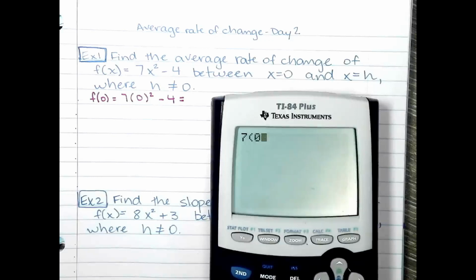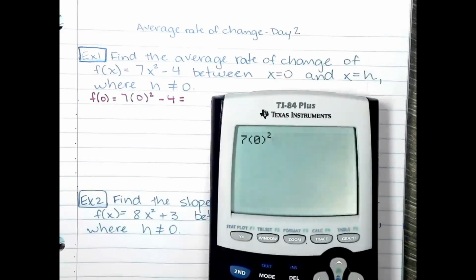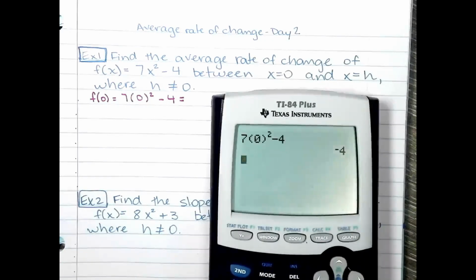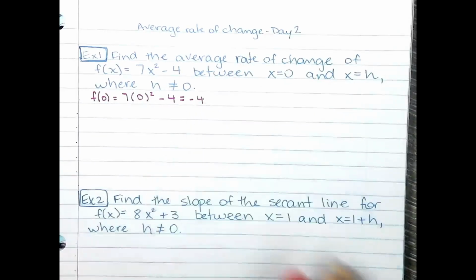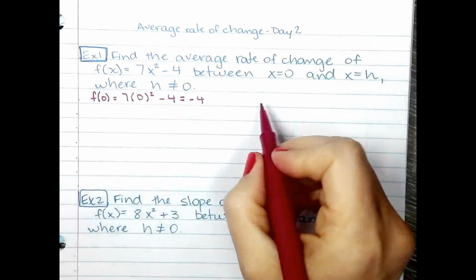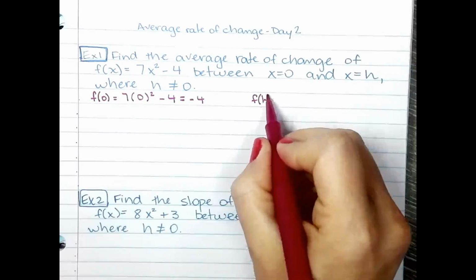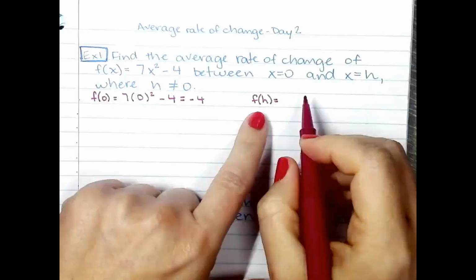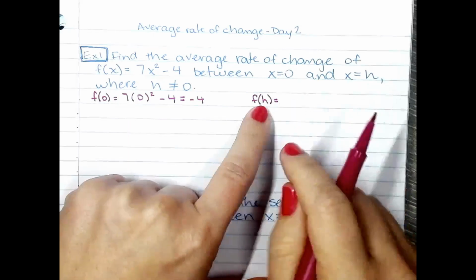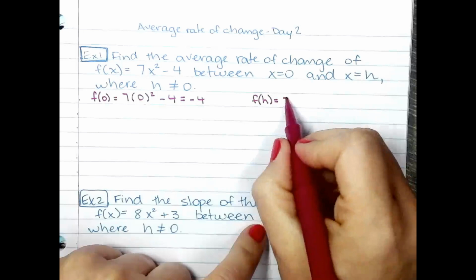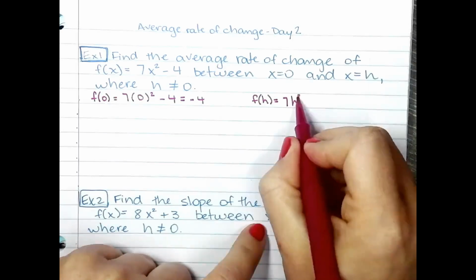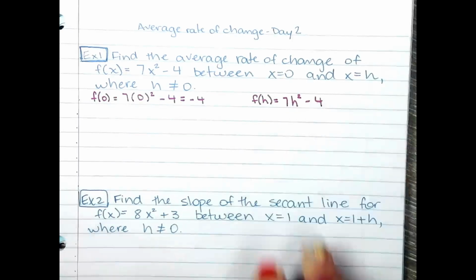Okay, 7 times 0 squared minus 4, voila, so negative 4. And now we'll also find f of h. Well, the only thing we're going to have to do here is just substitute h for x right there. So 7h squared minus 4.